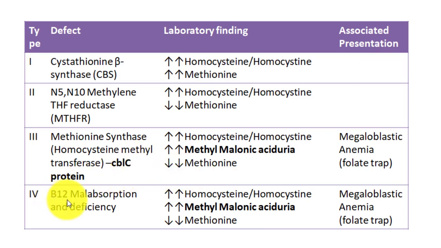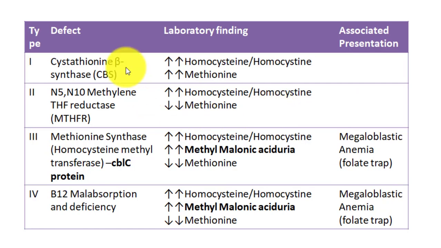And the fourth type of homocystinuria can be because of vitamin B12 malabsorption or deficiency. Here the same thing: homocysteine level is very high and methionine level is low, and you can see the same thing here, methylmalonic aciduria and megaloblastic anemia.